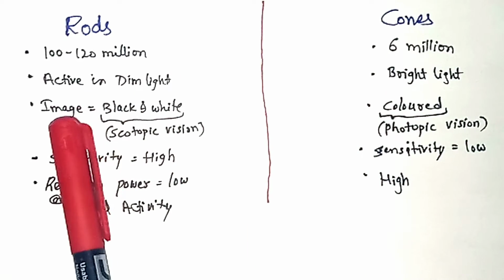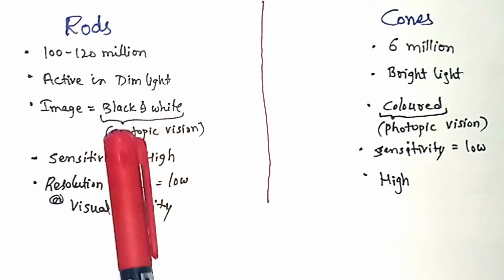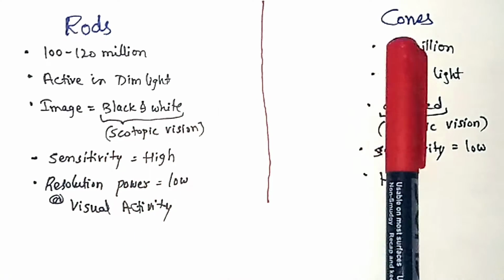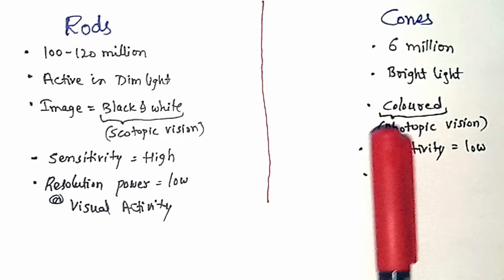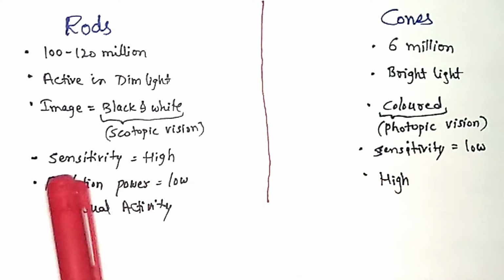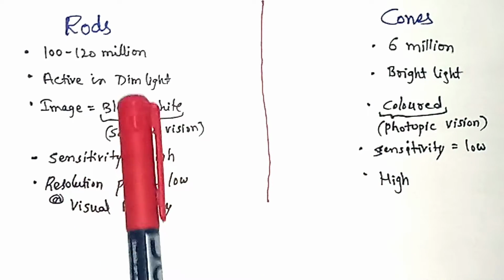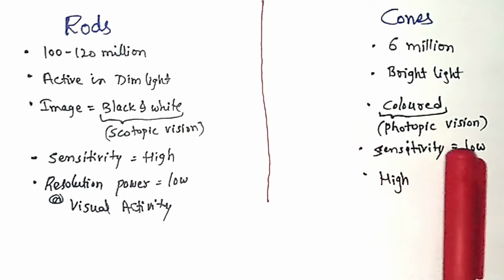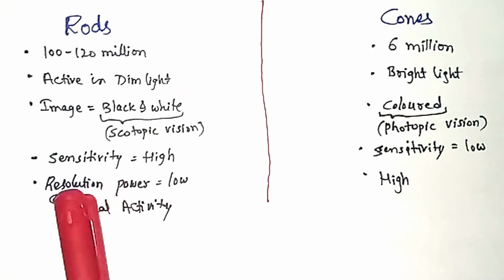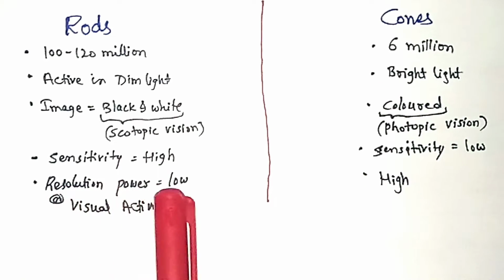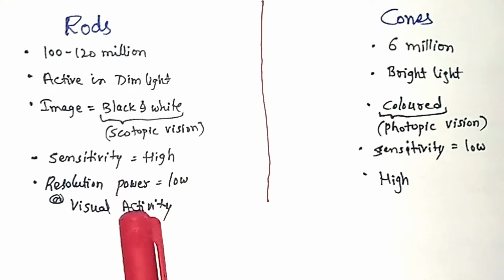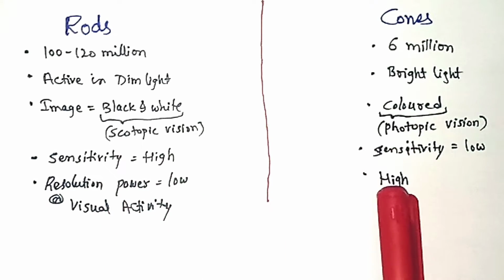Rods give us black and white images, which is known as scotopic vision, and cones give us colored images, photopic vision. Sensitivity is high in rods because it is dim light, and sensitivity is low in cones because it is bright light. But resolution power, or visual acuity, is low in rods. Here in cones it is high.